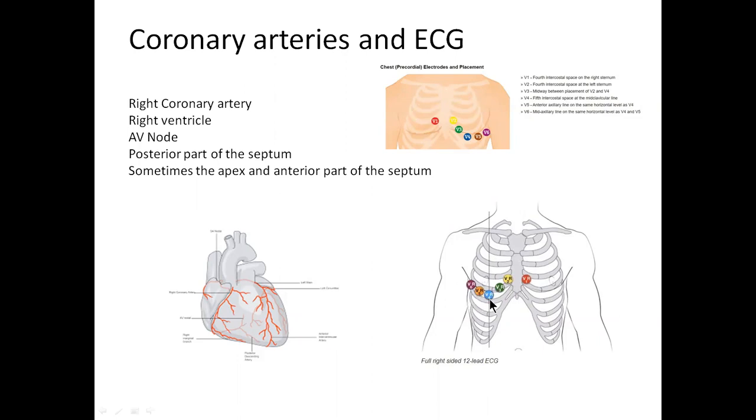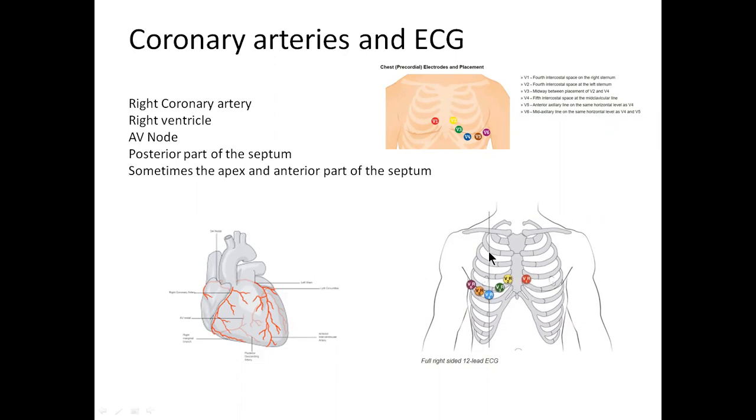Like, V4R will be at the mid-clavicular line on the 5th intercostal space, but it'll be the 5th right intercostal space, okay? And V1 and V2 are swapped, becoming V2R and V1R, and vice versa. So if you notice, there is an R. So it'll be V1R, V2R, and so on and so forth.